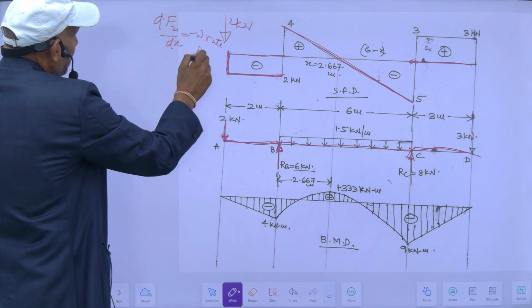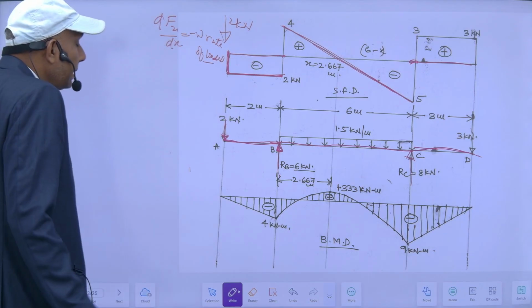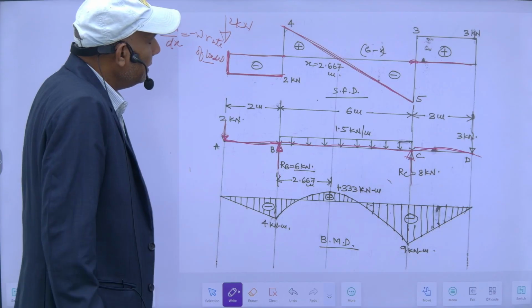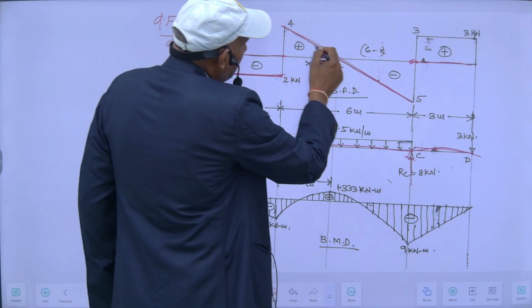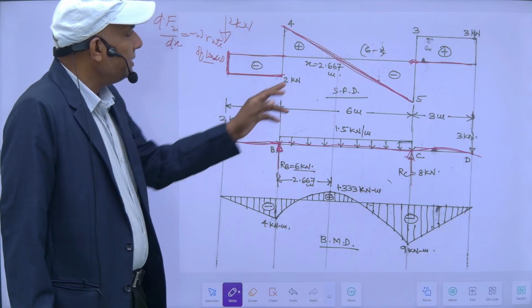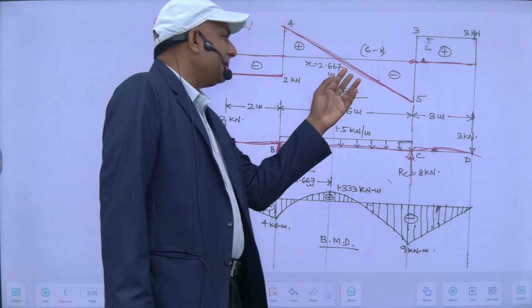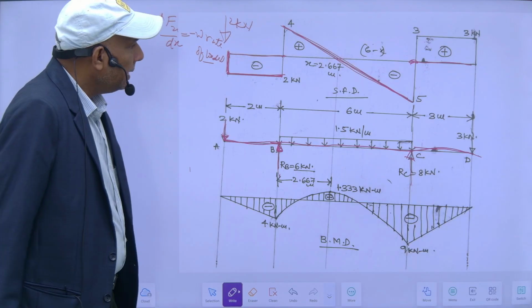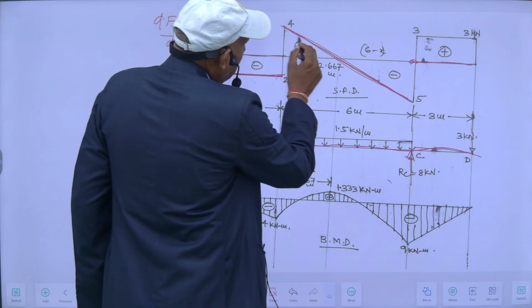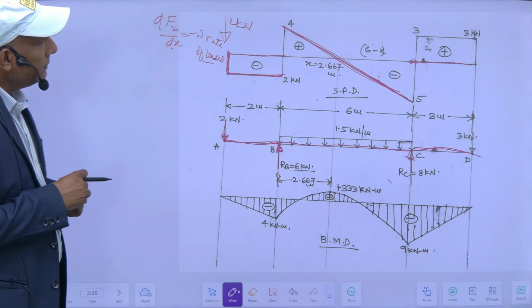As my rate of loading increases, my shear force decreases. That's why it's minus. I explained this in my early classes. Since the shear force is inclined, it means there is a UDL. In case of UDL, my shear force will consist of inclined lines, and its slope will give the rate of loading.